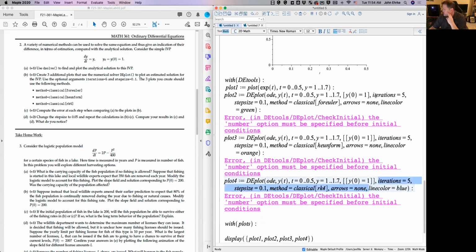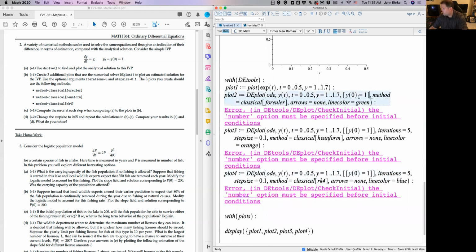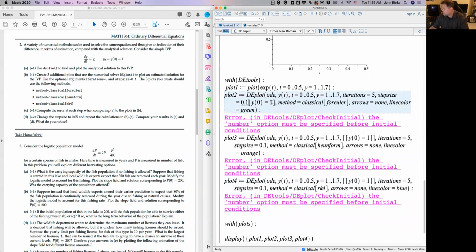Okay, it seems to make me want to put these here. All right, let me put those in before the initial condition. This worked in my other Maple file, but it was an older file, so maybe they've updated the command here. Okay, so let's see if that works.